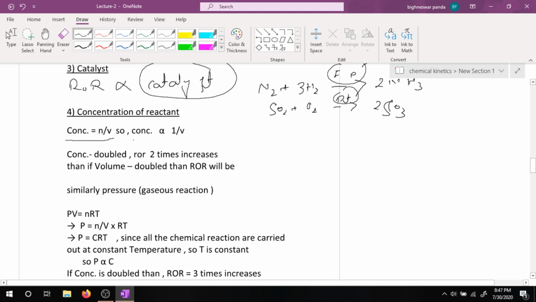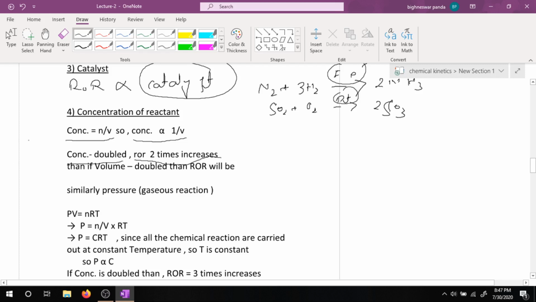So concentration is directly proportional to 1 by V, or concentration is inversely proportional to volume. If for a reaction concentration doubles, then rate of reaction increases by 2 times.